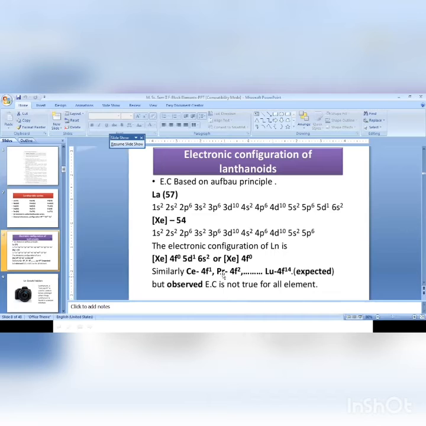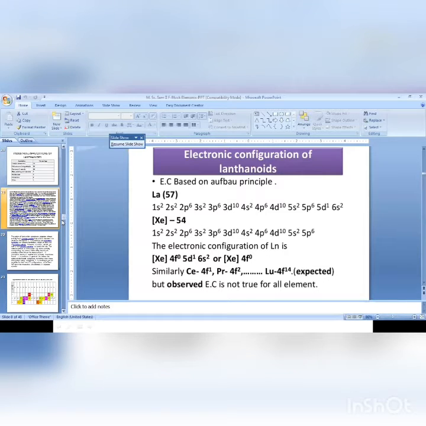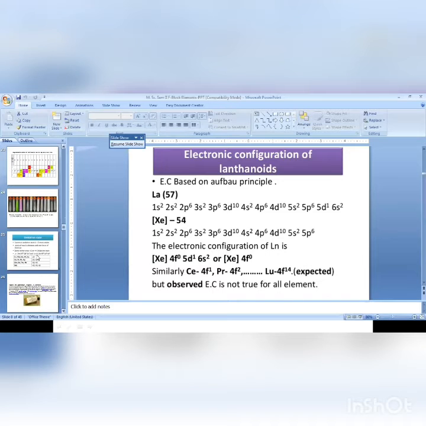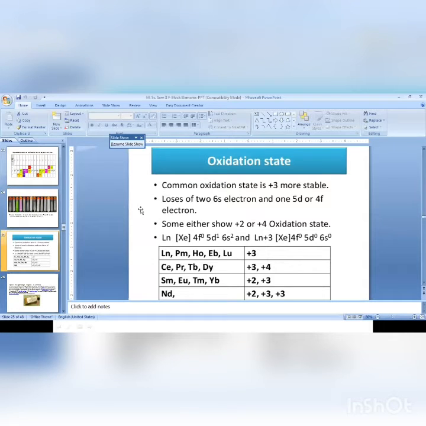So here we have just seen that all these elements exhibit the preferential occupancy of the 4f orbital. Now if we look at all other properties, we have also worked out during our regular lecture that these elements show variable oxidation states.